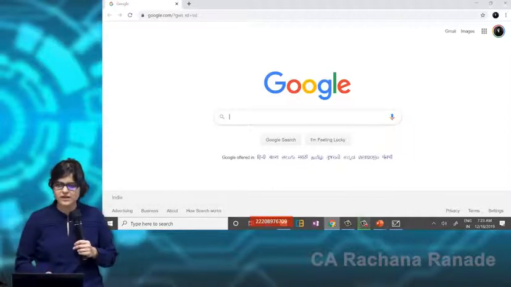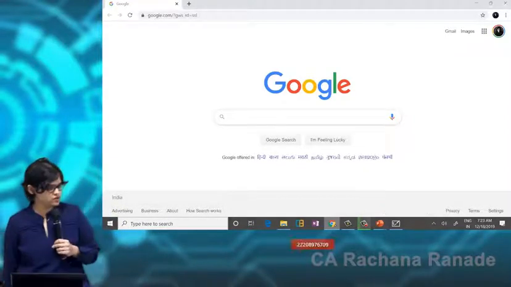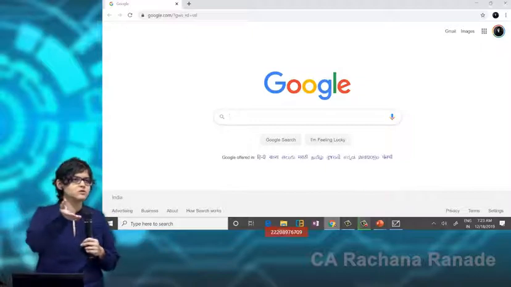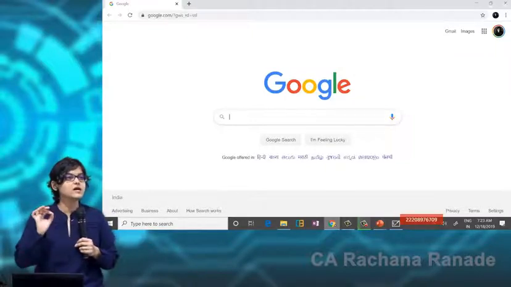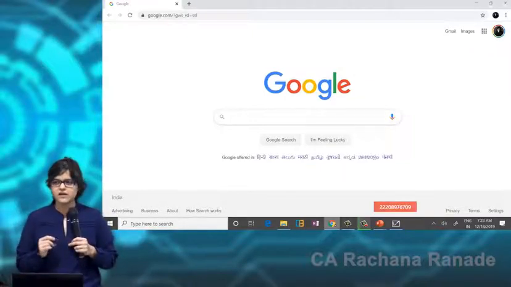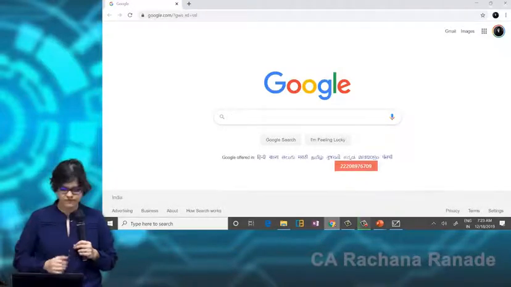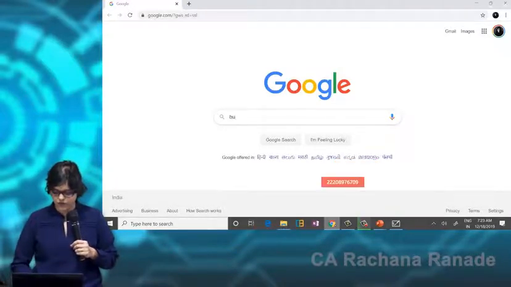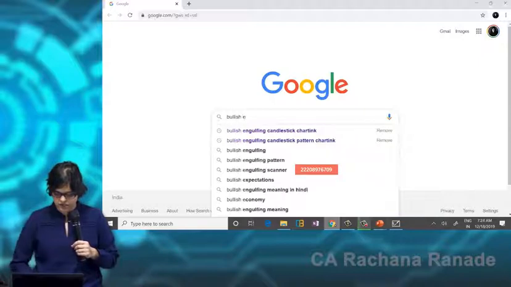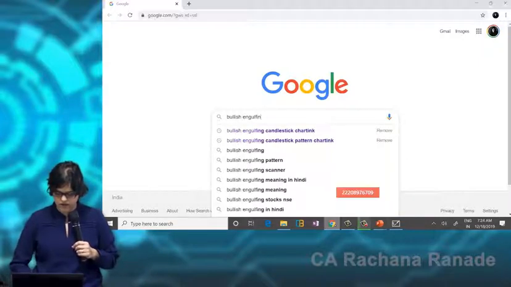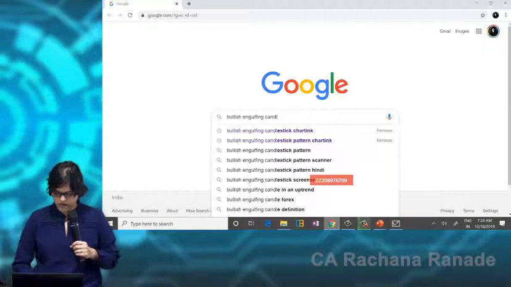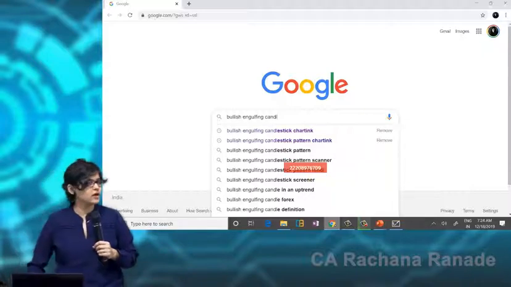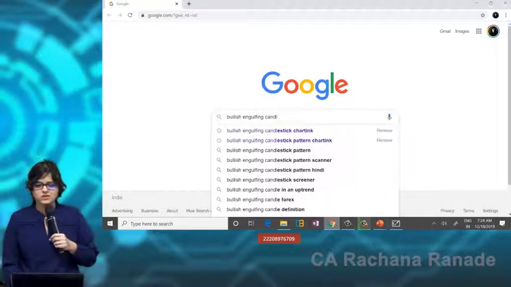So I'll tell you how a simple Google search can be done for this. Name of the website is chartink.com. Chartink, C-H-A-R-T-I-N-K, Chartink. So for example, how do I do a Google search? Bullish engulfing candlestick. Okay, and what do you see here? Chartink.